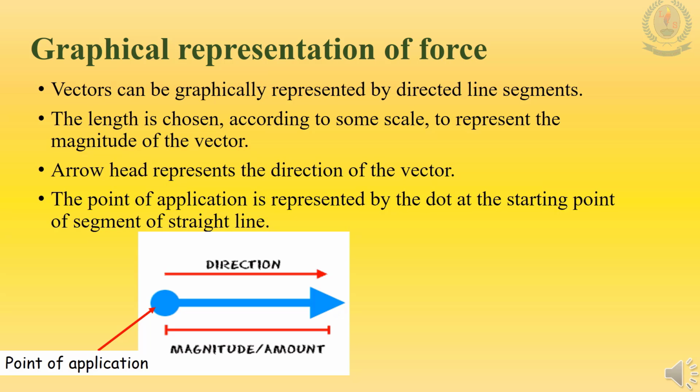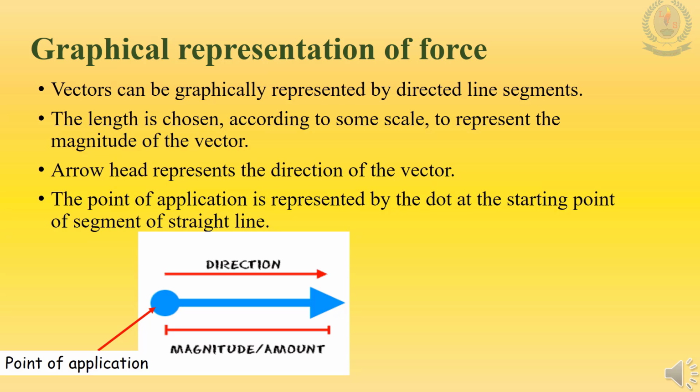Graphical representation of force. Graphical representation makes it simple for us to understand data. Vectors can be graphically represented by directed line segments. Graphically, force can be represented by an arrowhead pointing in the active direction.